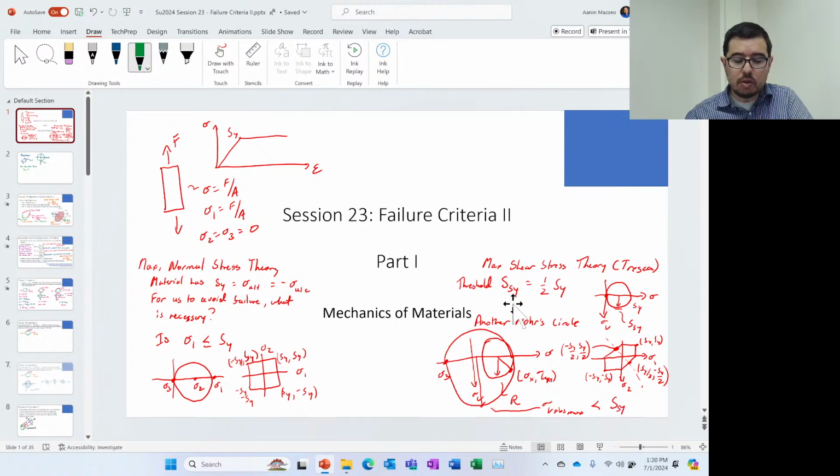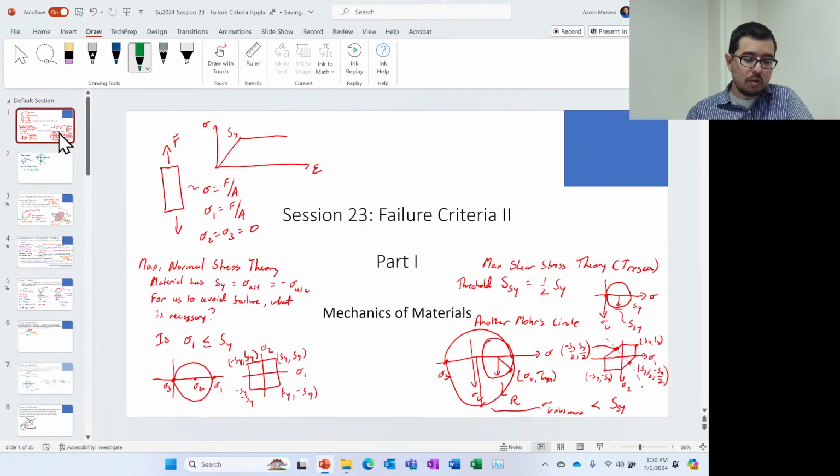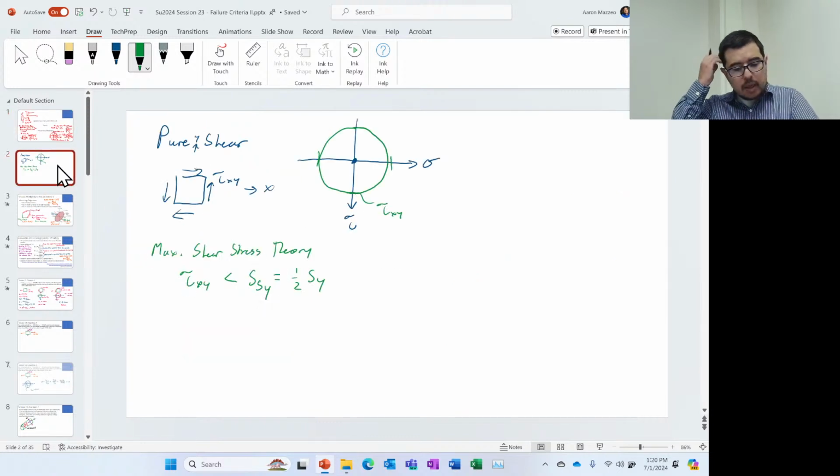And we got our shear strength as being 1/2 SY. So the shear stress has to be less than SSY, and SSY is equal to 1/2 SY, because that's what we derived from the Mohr circle for the uniaxial test, right?